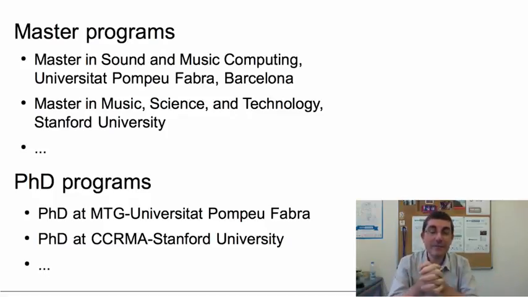And at Stanford University, the Center for Computer Research in Music and Acoustics is part of the music department, and that gives another type of focus, or at least another type of context that implies a certain interest or certain focus in the educational programs.